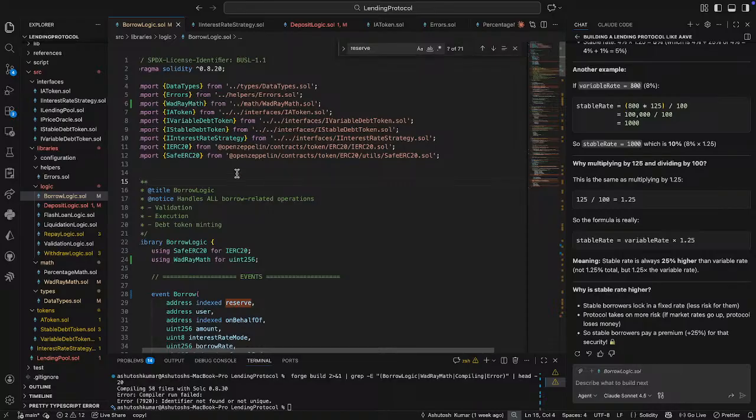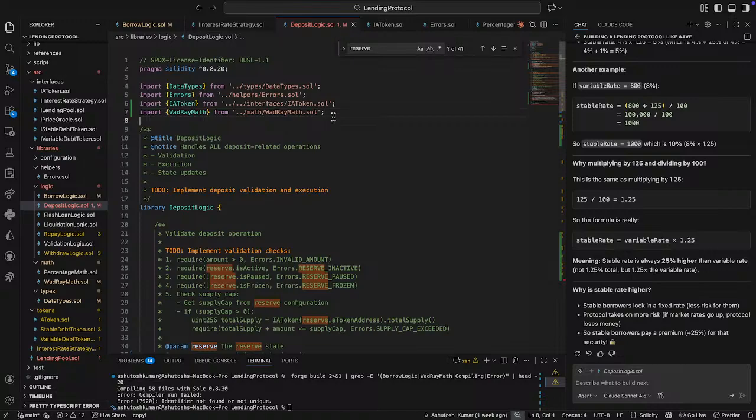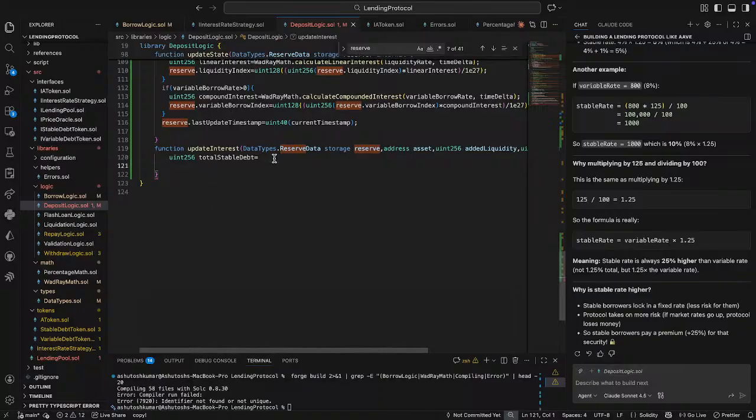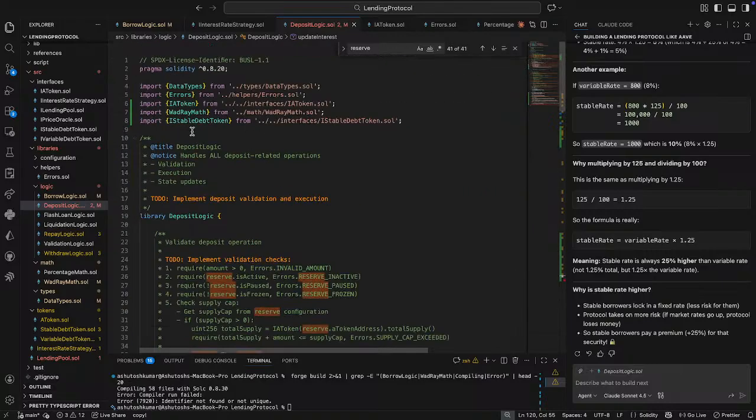You can call that without even, you know, stable debt token, then we have to pass the asset, address of the token dot total supply.